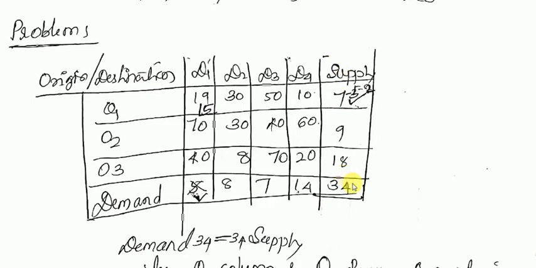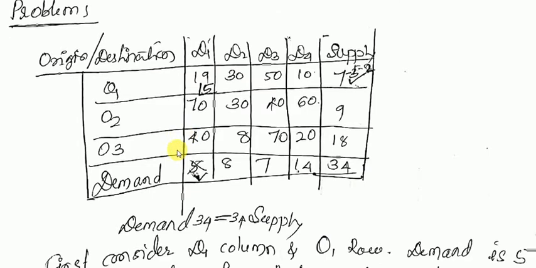Now we can apply the northwest corner rule or stepping stone method. Northwest is nothing but the first column and first row. This is called northwest. For these two, check the demand and check the supply.